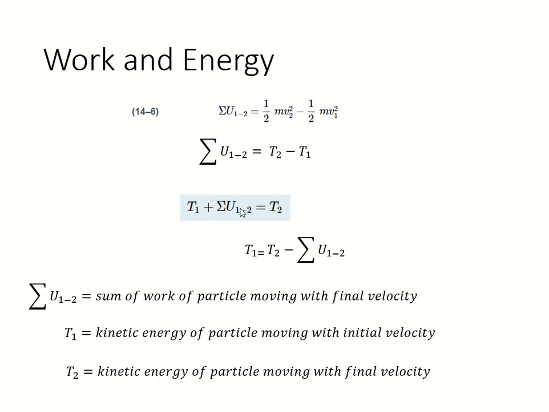Alright, then we'll get into work and energy. So this equation is telling you the sum of your work, because you have two different velocities that this particle is moving with. At one point it is moving with velocity 1.